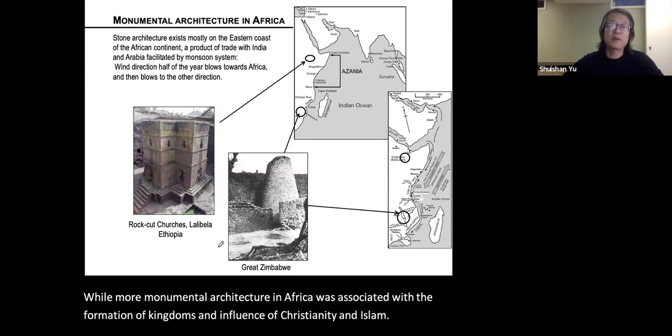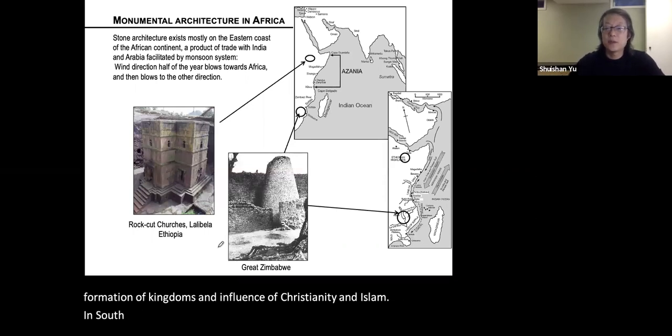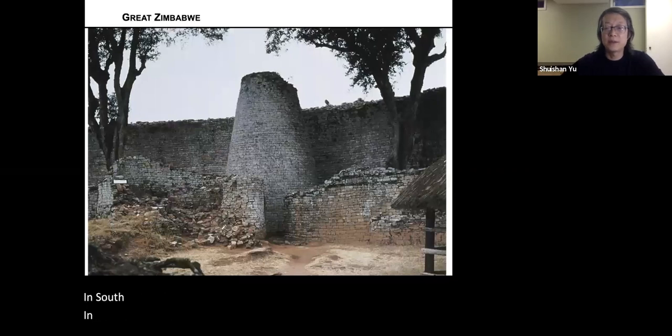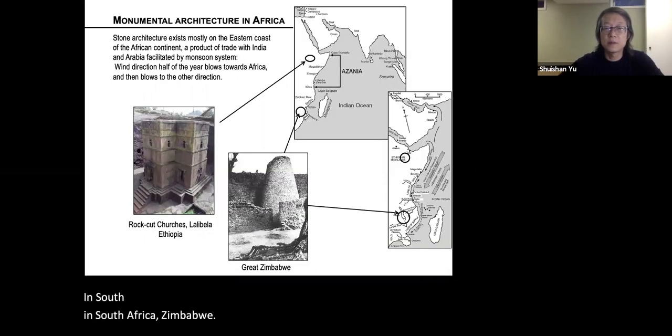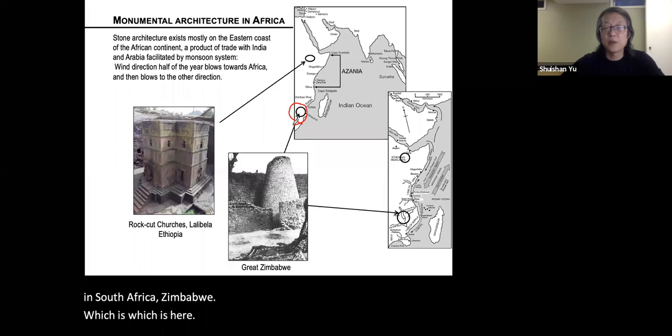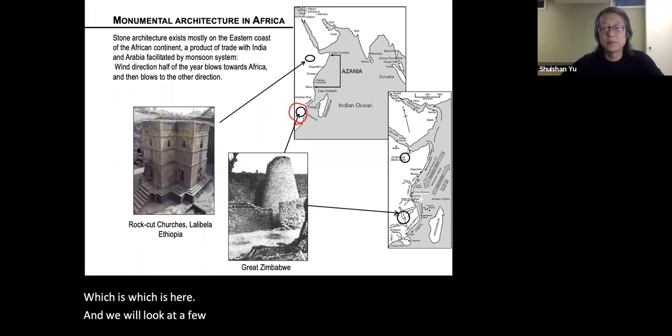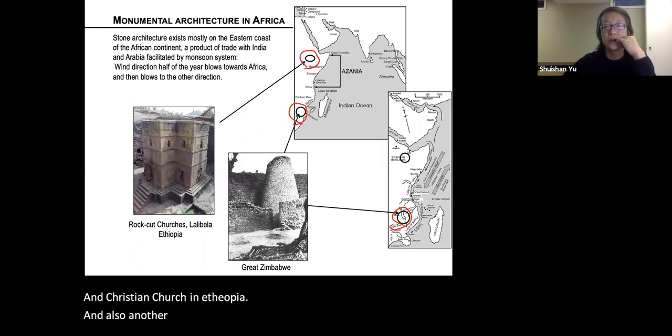In South Africa, Zimbabwe, which is here, and we will look at a few examples. Zimbabwe here, and a Christian church in Ethiopia, and also another Islamic church in Western Africa.